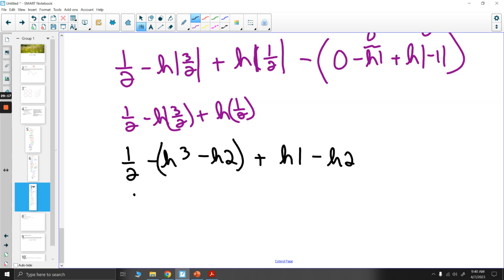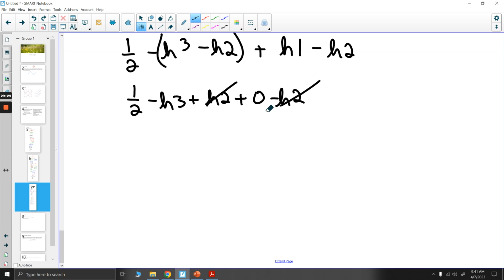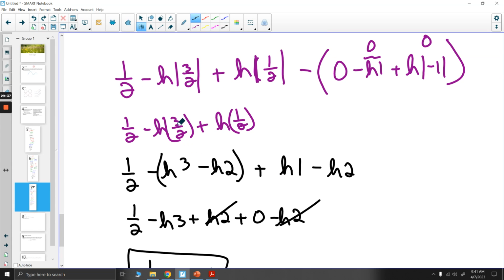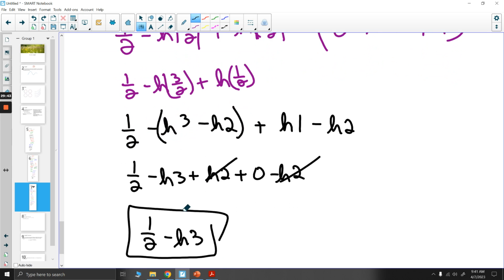That is to say, 1/2 minus natural log of 3 plus natural log of 2, plus 0 minus natural log of 2. And these natural logs are gone. That 0 is gone. We end up with 1/2 minus natural log of 3, which is a better form than what we had. I just used our log rules. If you remember, log of a quotient is the difference of those two logs. Okay, so nice and simple, right?